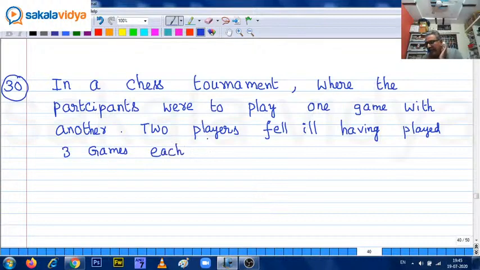After playing 3 games each, then NC3, if every 4 teams played one match, then NC4 is equal to 153. Yes. So now two players fell ill having played 3 games each.